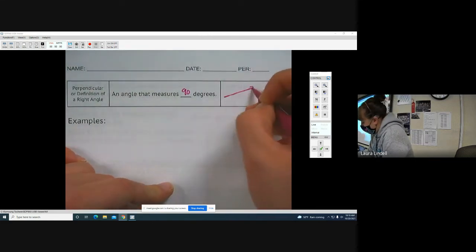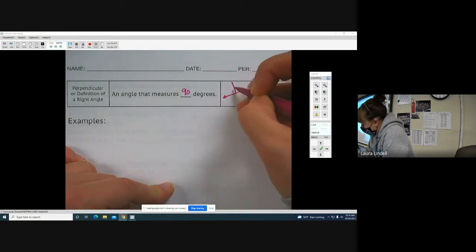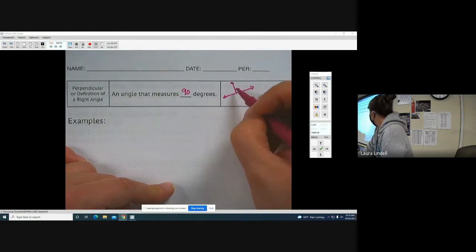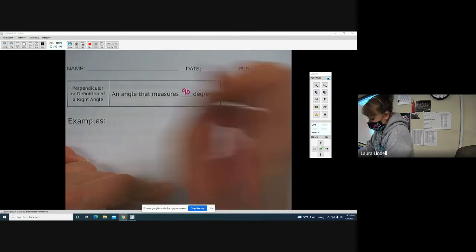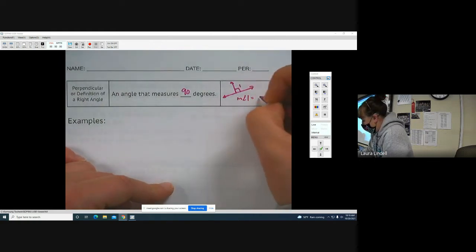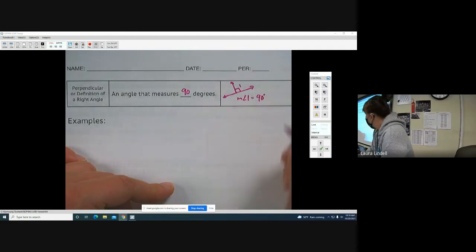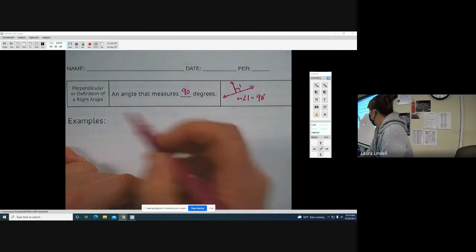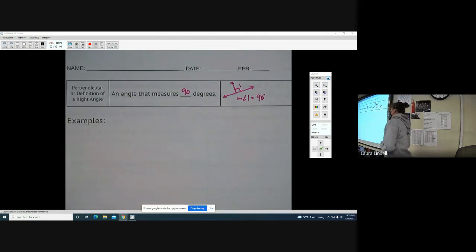So if you see something like this, and you're told that maybe these two lines are perpendicular to each other, or in the picture you see something labeled as a right angle, maybe it's angle 1, you can say measure of angle 1 equals 90 degrees, because that's the definition of a right angle, or you could say definition of perpendicular. Depending on the language that's used in the proof, that's what you're going to want to use as well. So if they tell you something is a right angle, say right angle. If they tell you things are perpendicular, say perpendicular.